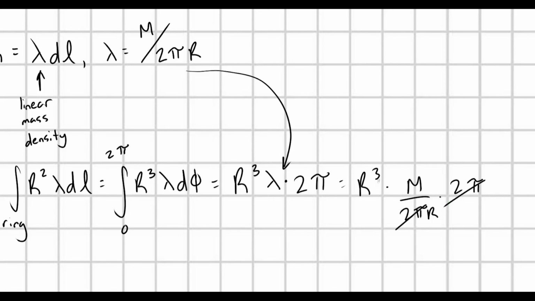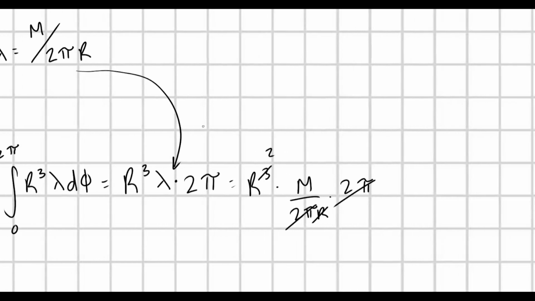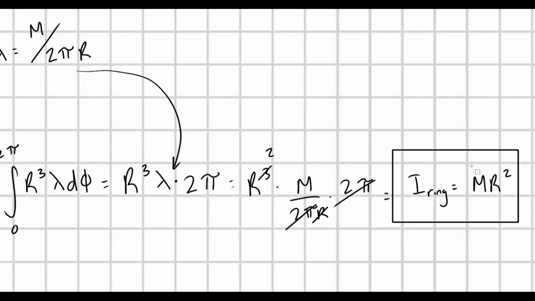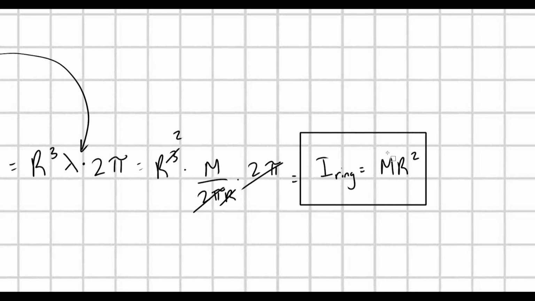Cancel, cancel, cancel out there, and we get that the moment of inertia of my ring is equal to m r squared. Awesome. This result is going to be very, very useful in constructing other objects like spherical shells and things like that in future videos. So this is a really useful result.